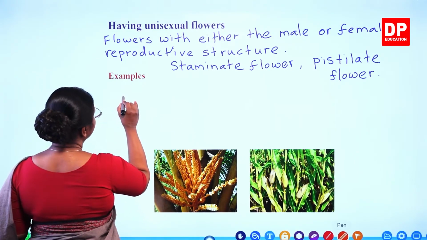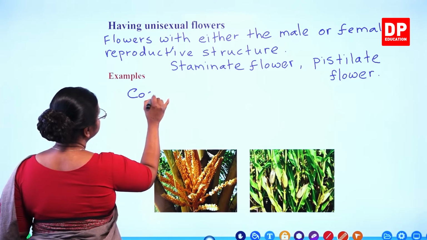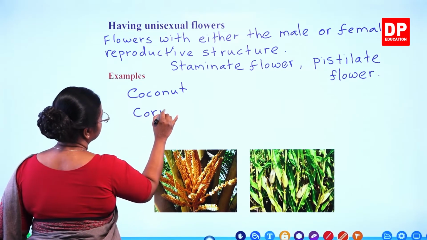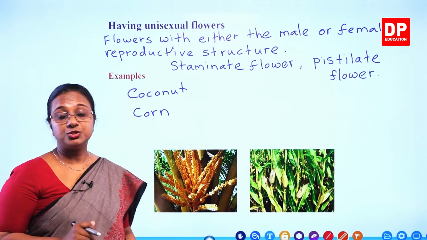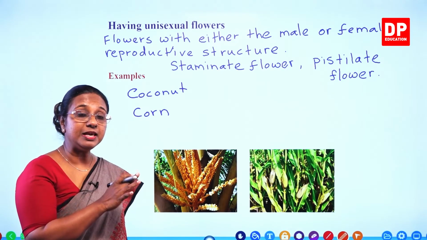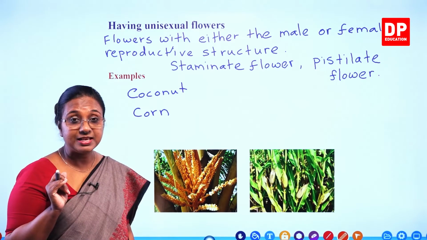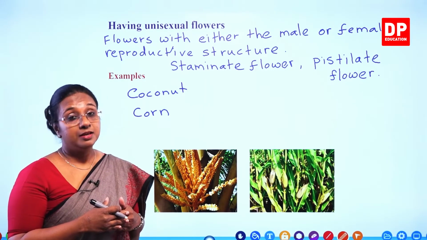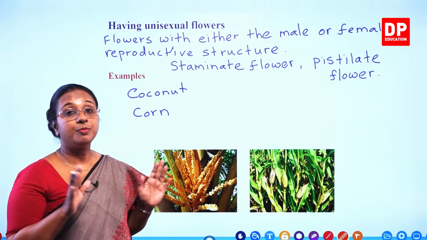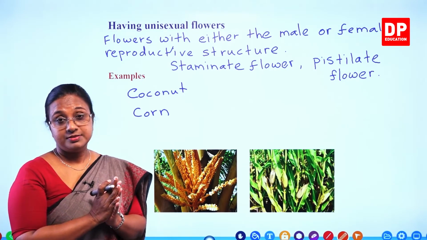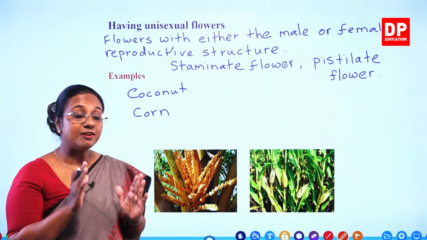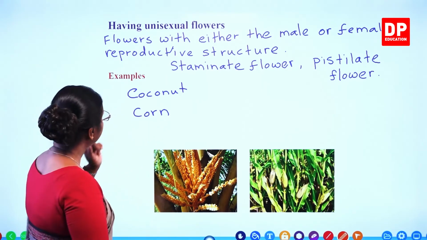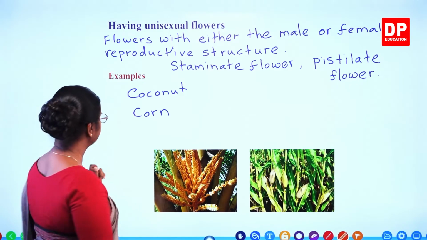So here we have examples, coconut and corn having unisexual flowers. So it will be staminate flowers and pistillate flowers separately. So obviously there has to be cross-pollination. No possibility of self-pollination because in one flower only one reproductive structure is there. With that, I will move on to the next one.